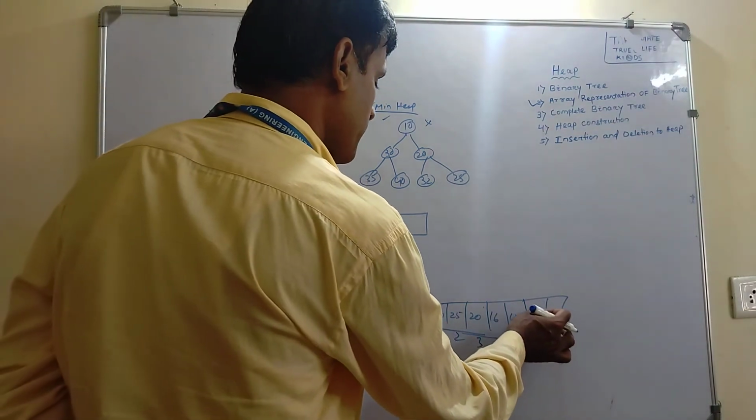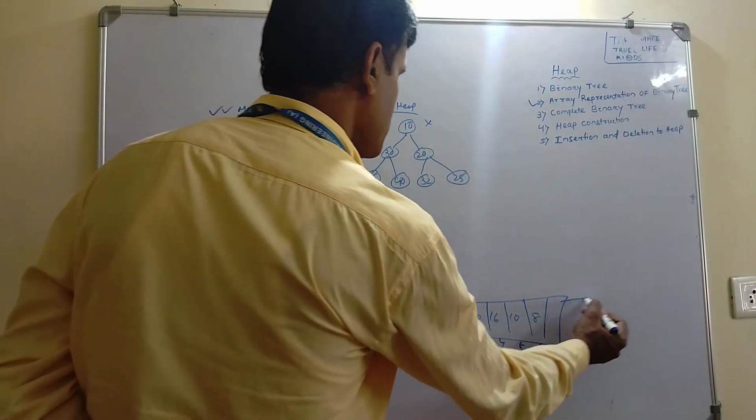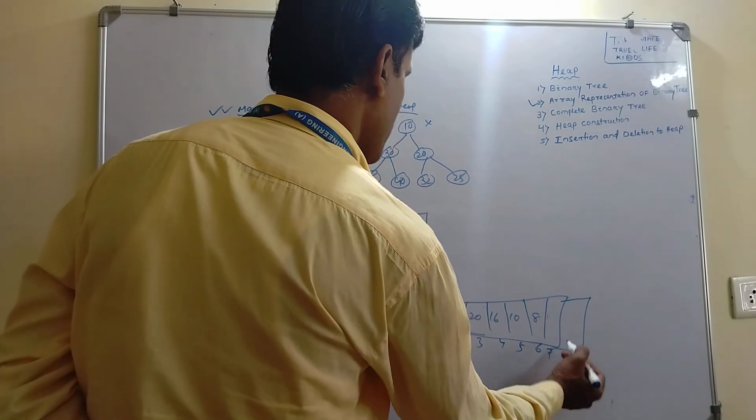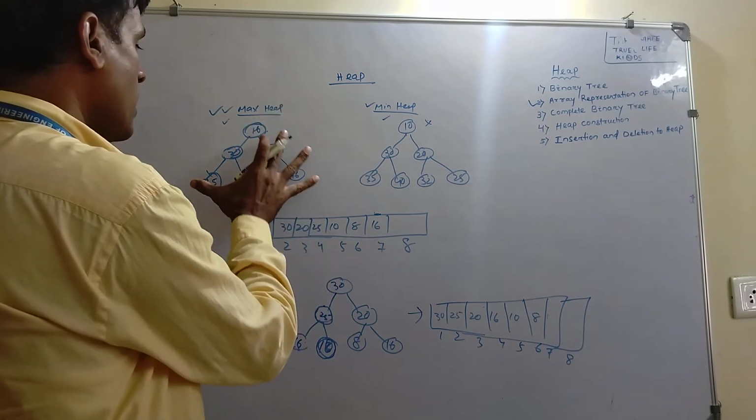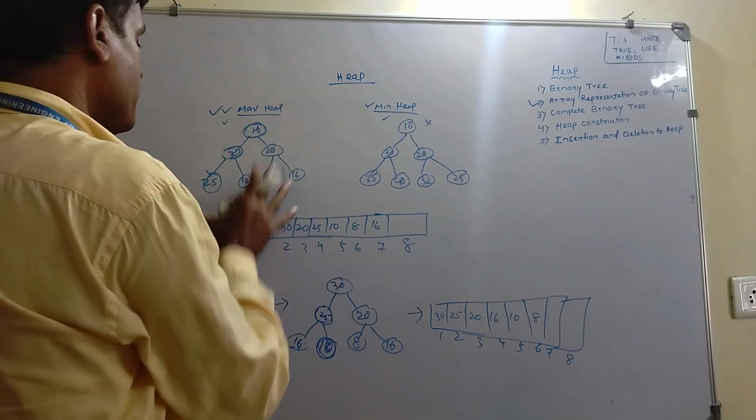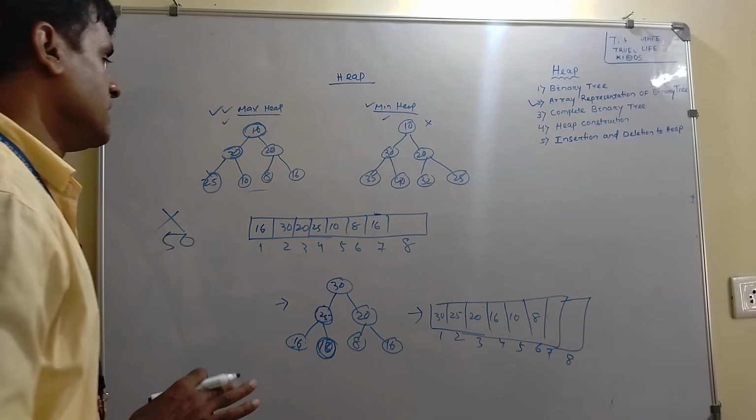Because we have deleted one value, previously the size was 8 and now we have deleted one element, that is 50. Out of these 8 elements, one element is deleted.